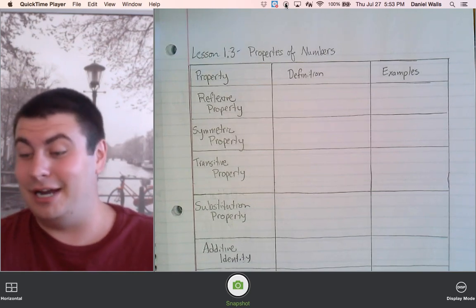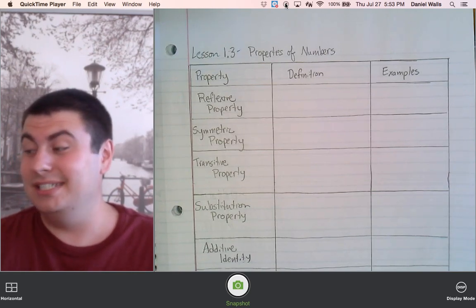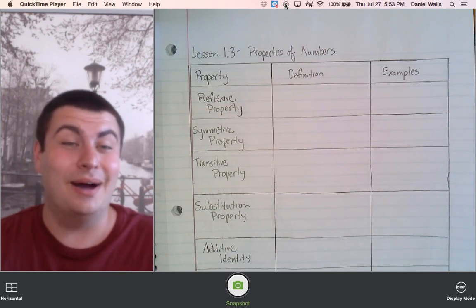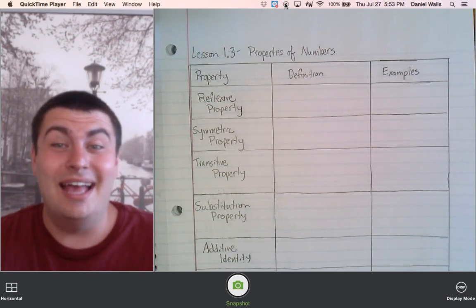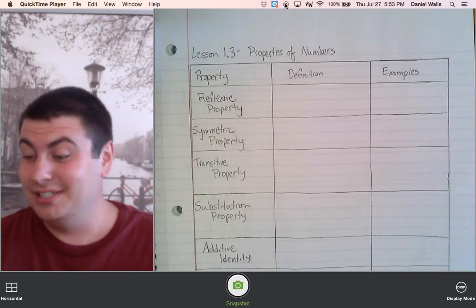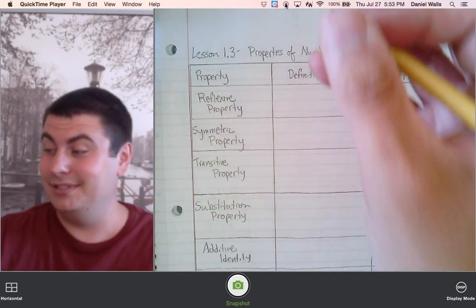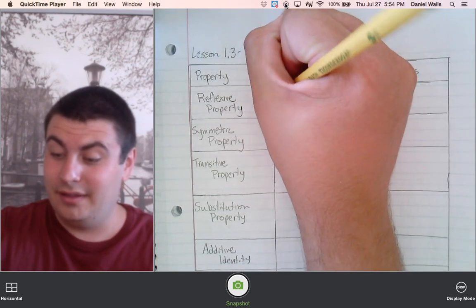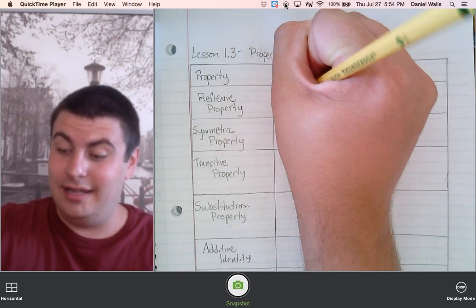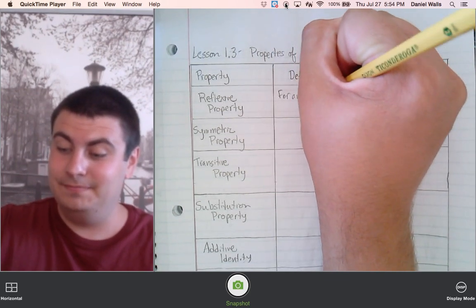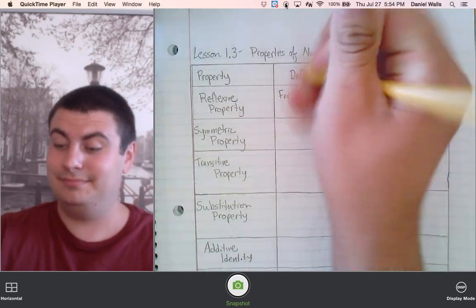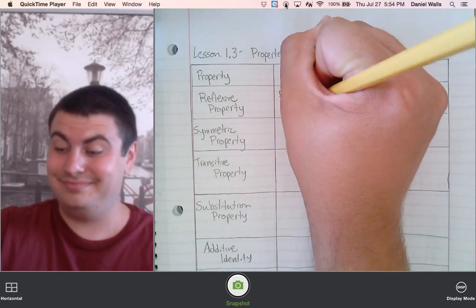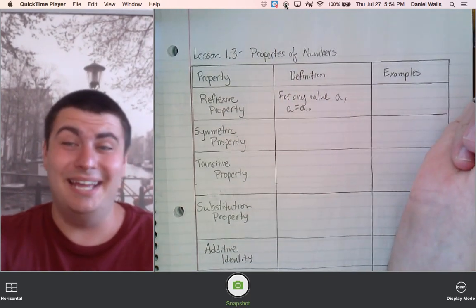The reflexive property essentially says that any quantity is equal to itself. Any quantity is equal to itself. So if we define it and put it in symbols, for any value a, a equals a, equals itself.